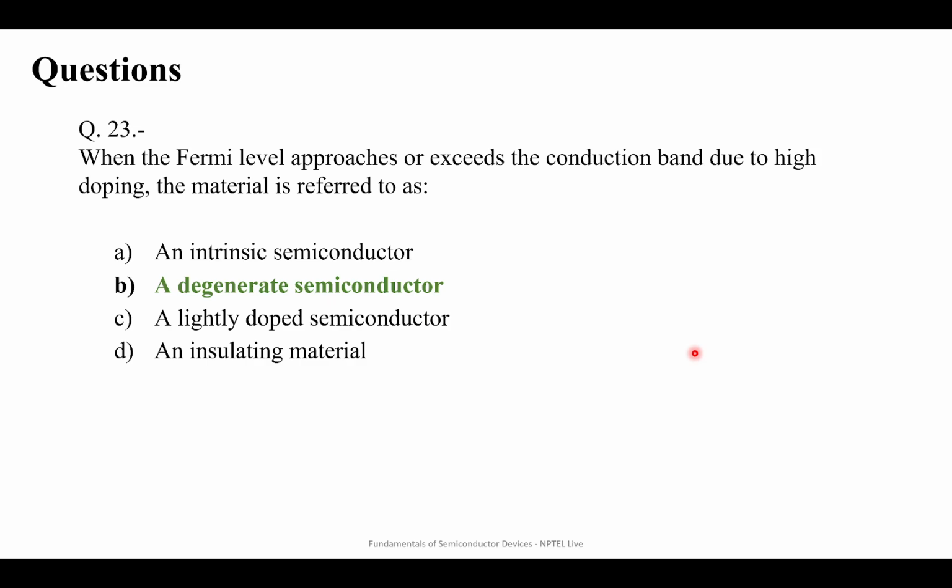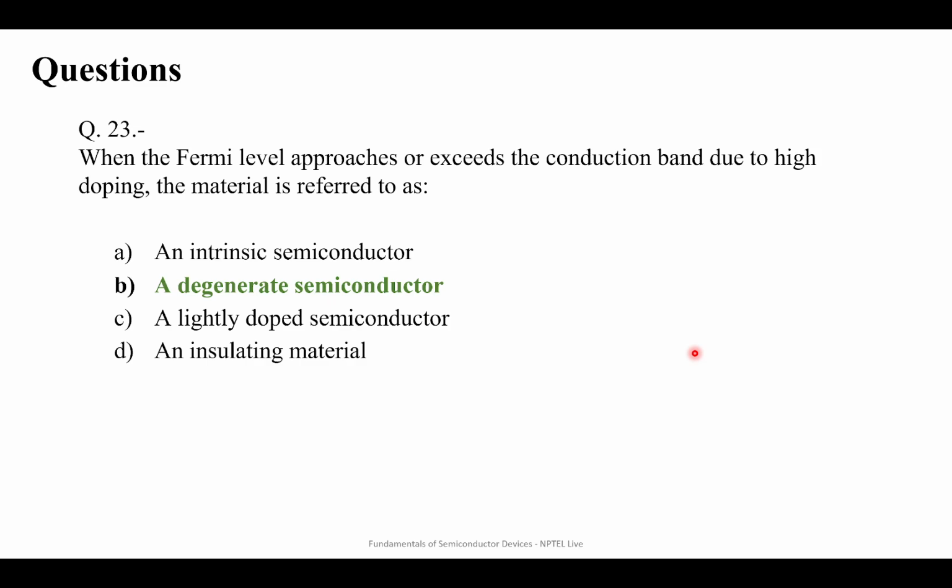So you go to a different kind of statistics, since your Fermi level is almost near the valence or conduction band, almost conduction, so it is acting like it is part of the conduction band, and we know that inside the conduction band the statistics followed are Fermi-Dirac statistics.